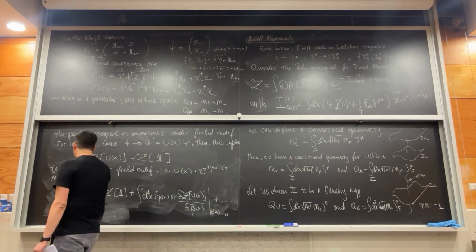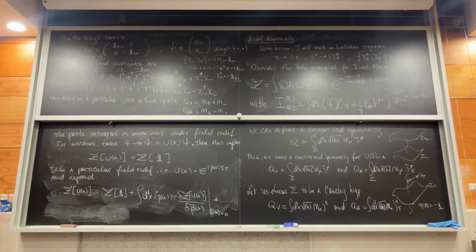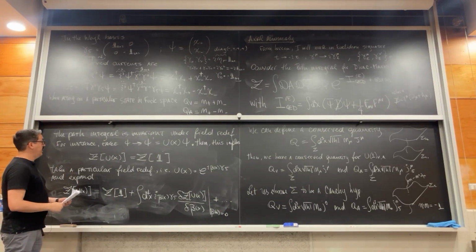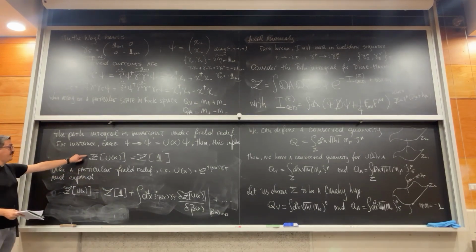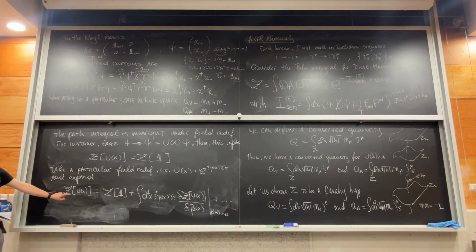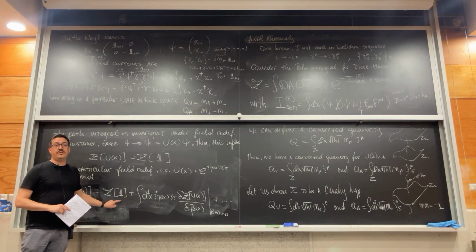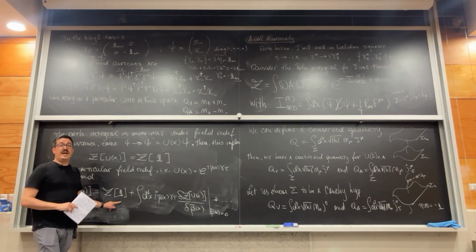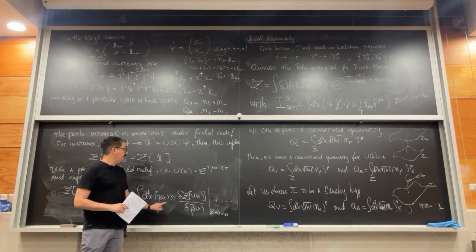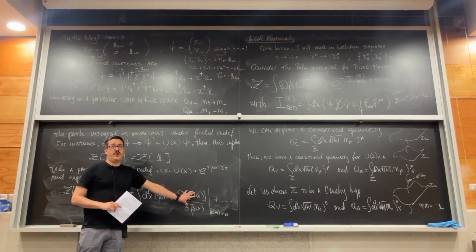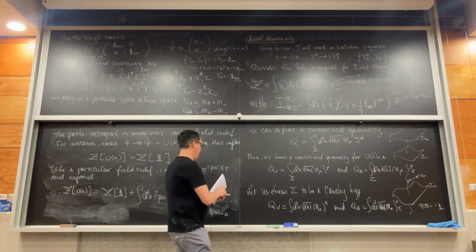Okay? What is important now is that since the path integral is invariant under field redefinitions, this implies that this has to be equal to this one. So for an arbitrary beta, this piece has to be 0. Okay?